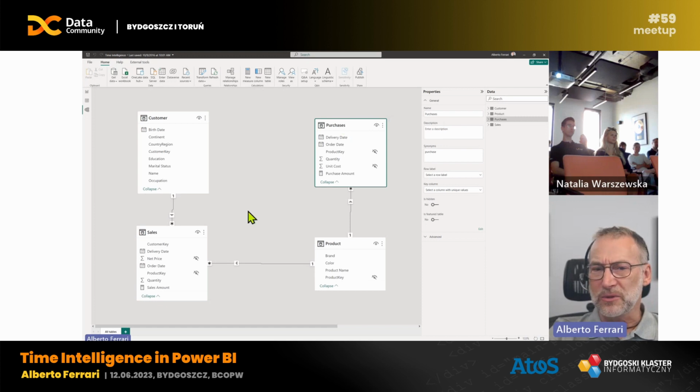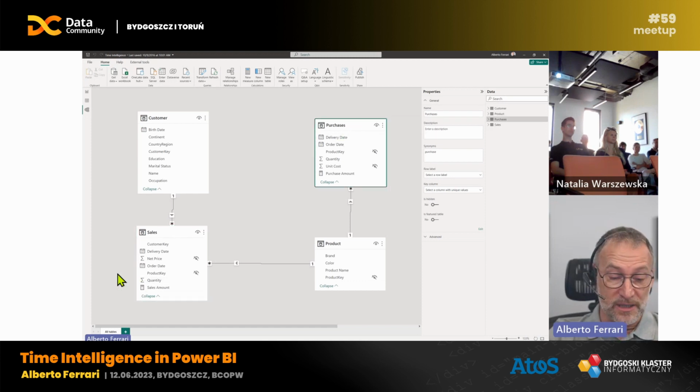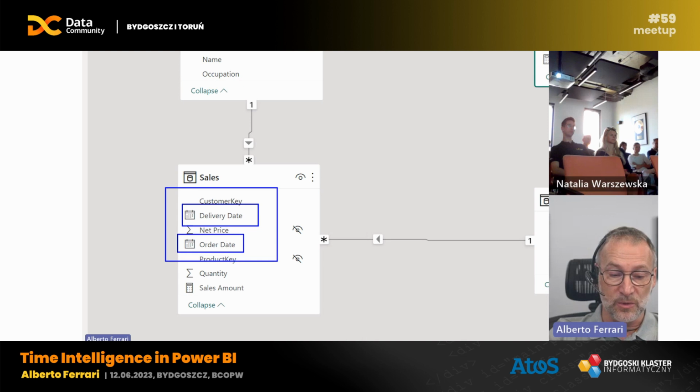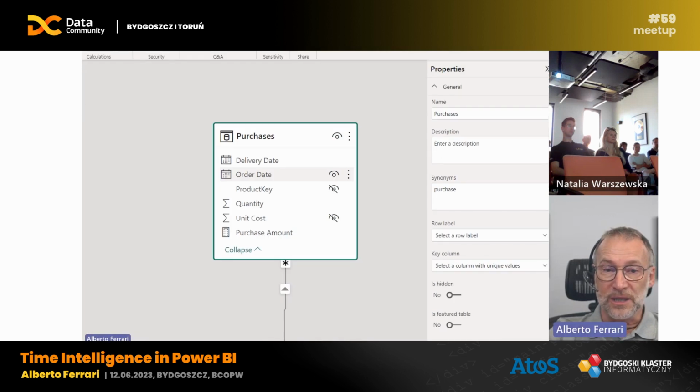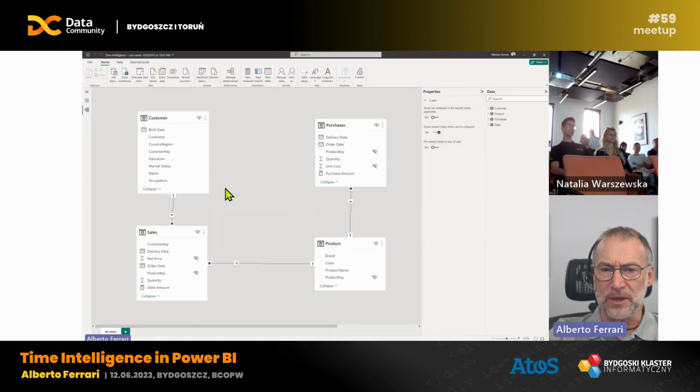It's just 2 fact tables containing some data. And the data inside is not interesting at all. What matters is that we have 2 fact tables with several dates. If you look here, in sales we have delivery date and order date, which are 2 dates. Whereas in purchases, we have, again, delivery date and order date, 2 dates there. And there's no date table here.